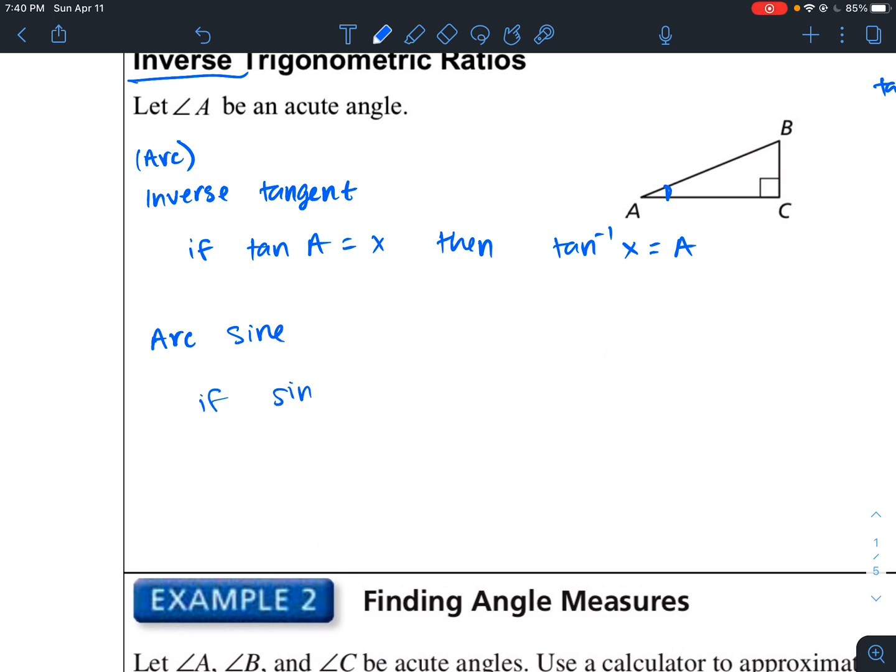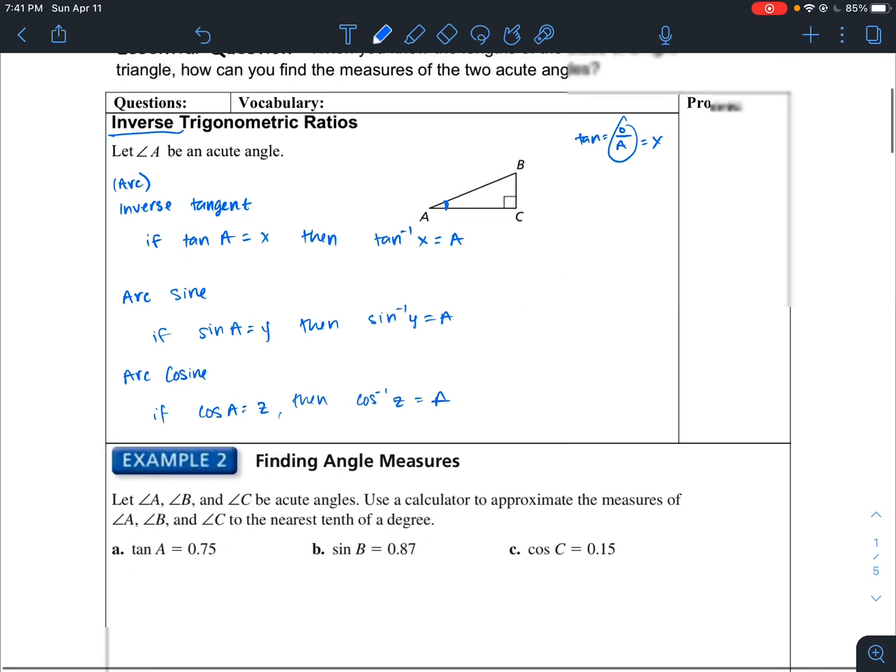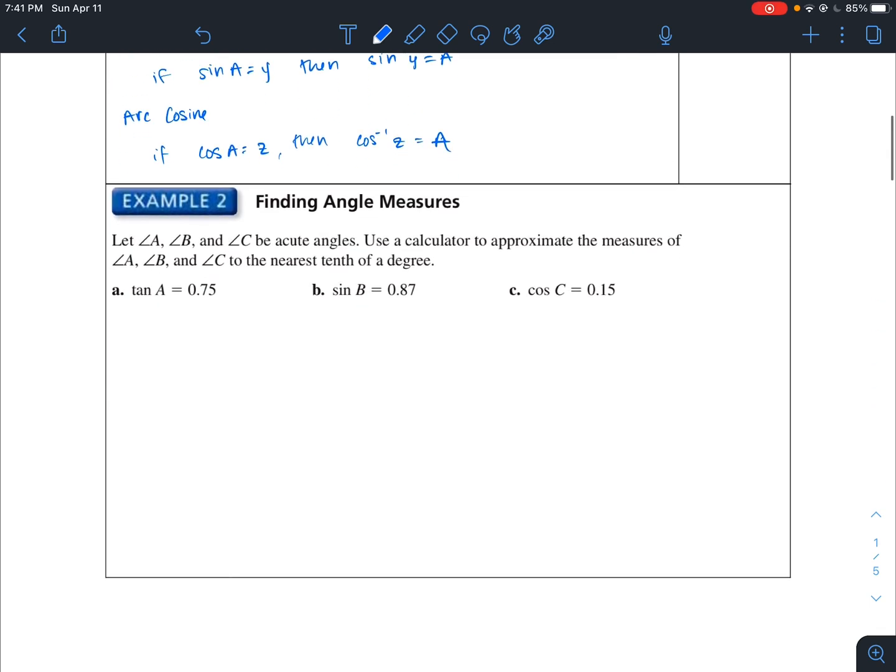If sine of A is equal to, we'll just say y, then sine inverse of y is equal to A. For arccosine, if cosine of A is equal to, we'll say z, then arccosine or cosine inverse of z is equal to A. So let's see how we could apply this to find missing angles.